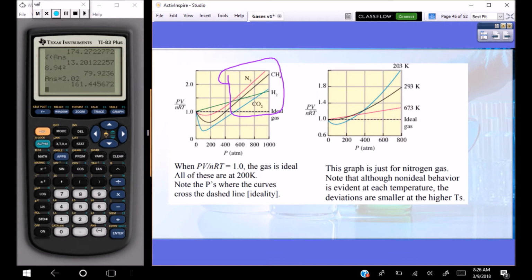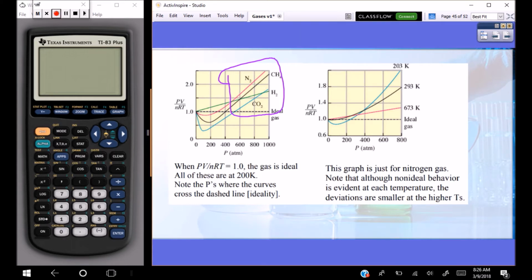So they love giving multiple choice questions about this, and you should be able to explain that they're farther away from ideality because it's high pressure and low temps, and therefore we have things like attractive forces coming into play, and we also have volume that we have to account for.